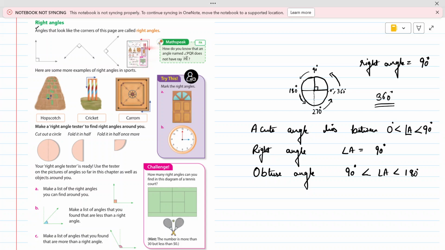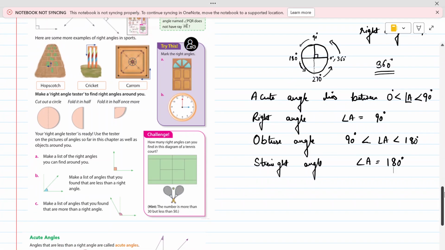That means the angle lies somewhere in this region. It starts from here and it lies somewhere here between 90 and 180. Next, we say that the angle is a straight angle if the angle measure is equal to 180 degrees. Okay, these are the different types of angles we have.